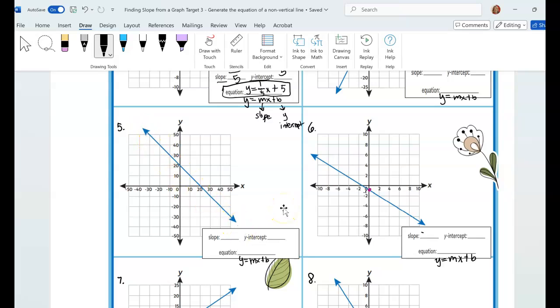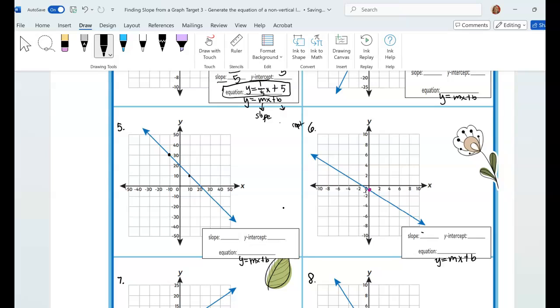We're looking for perfect points. There we go. Okay, there we go.